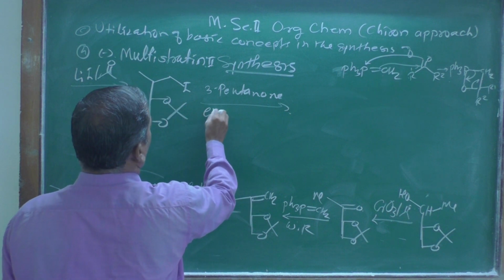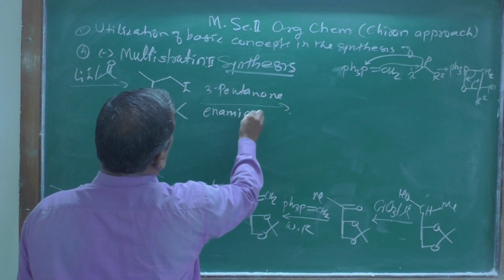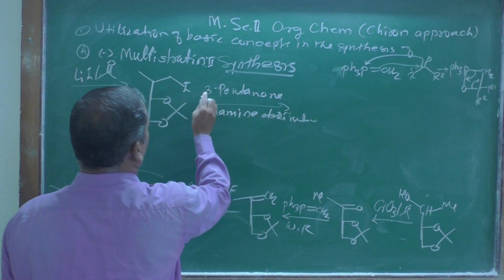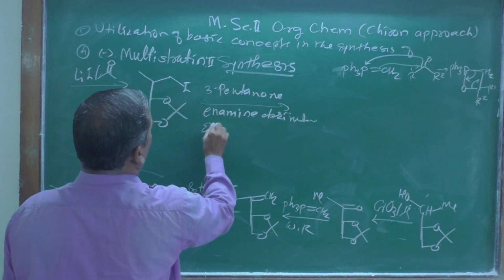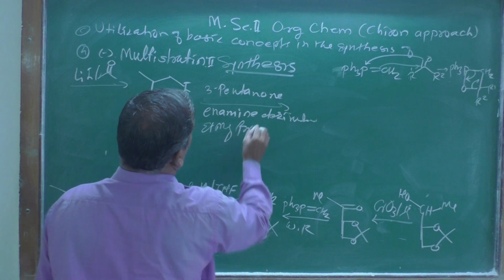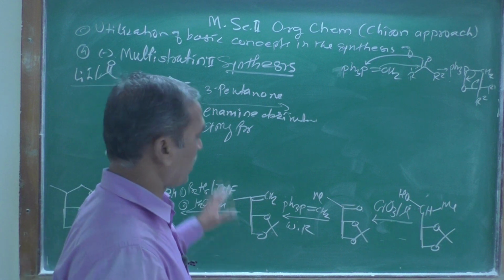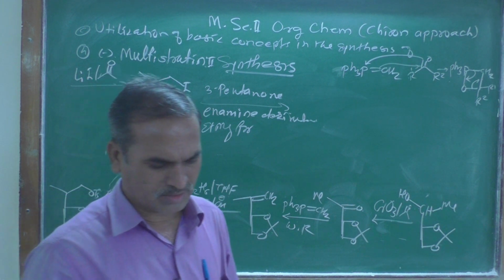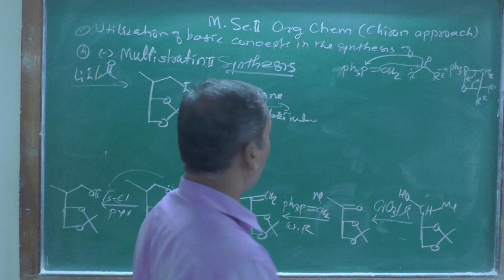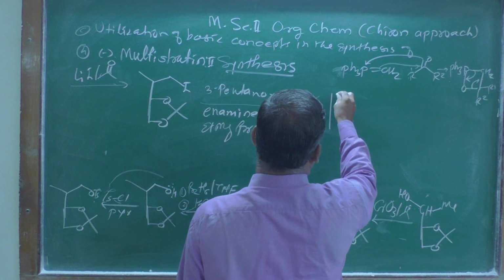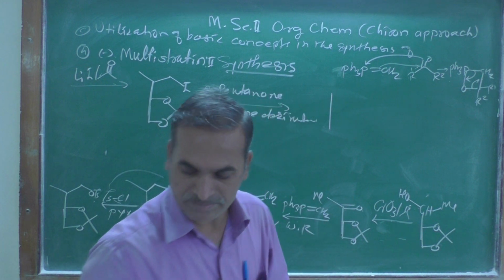The 3-pentanone enamine derivative, which we can call it as Et MgBr. If you do all this, what you are going to get? You are going to get the compound like this. The compound which we are going to get here is this one.